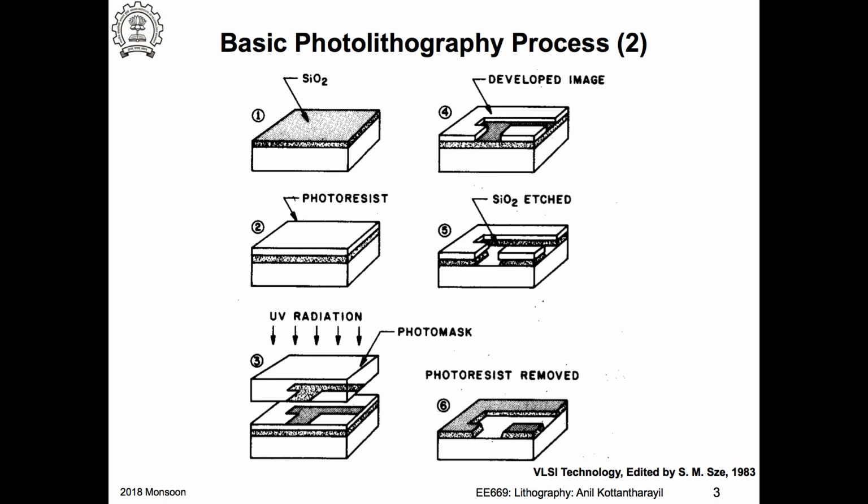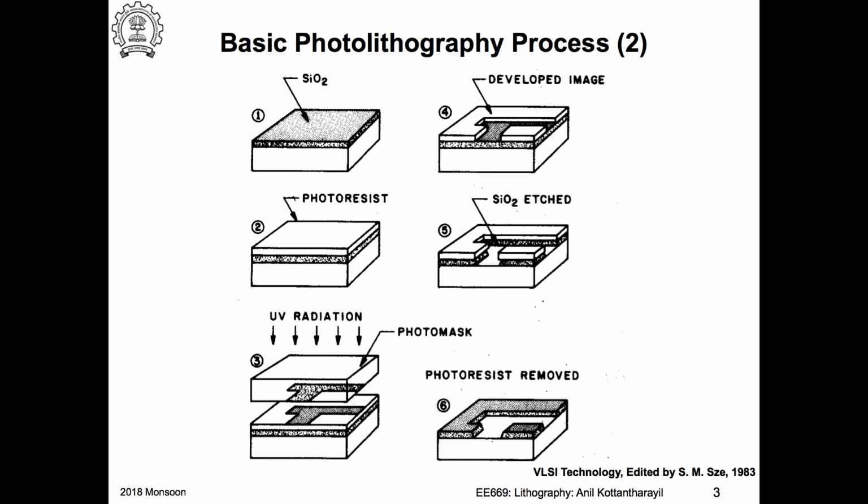Now once you have this mask, this is what you do. This is one example. You have a silicon wafer with silicon dioxide obtained by thermal oxidation, and then you apply photoresist on top. Spin coat the photoresist, and then you have this photomask.